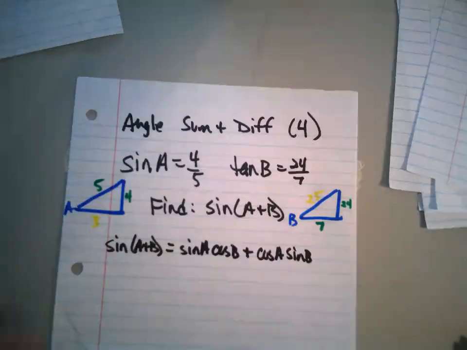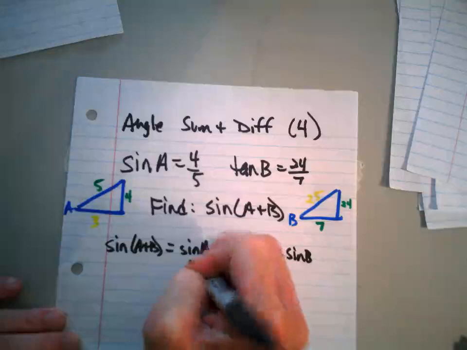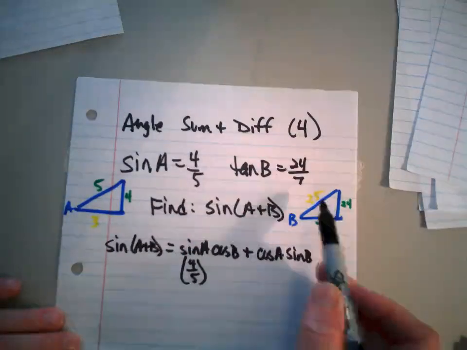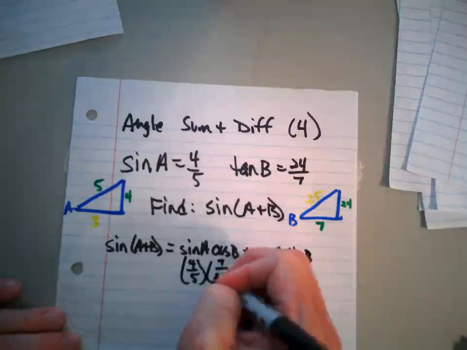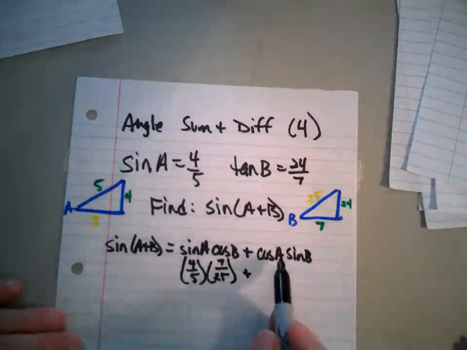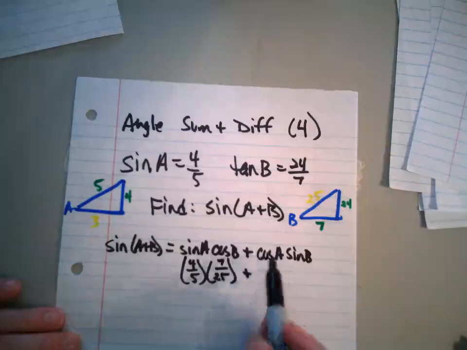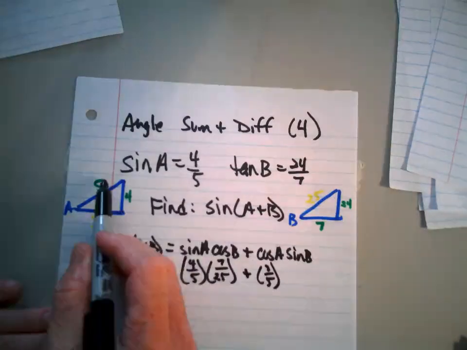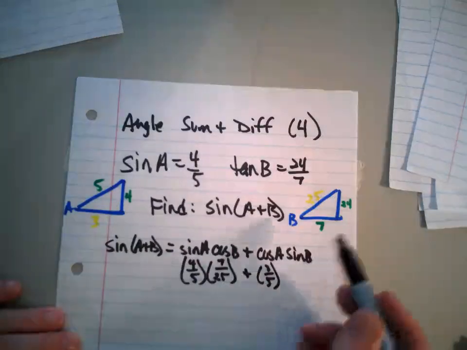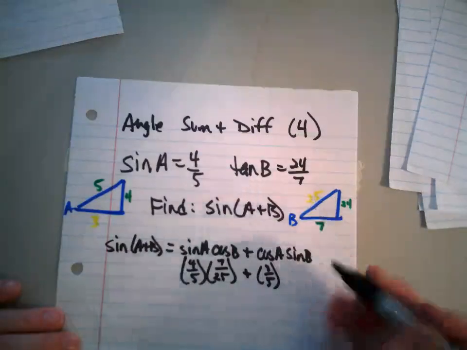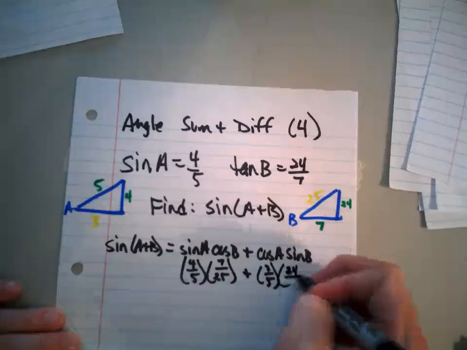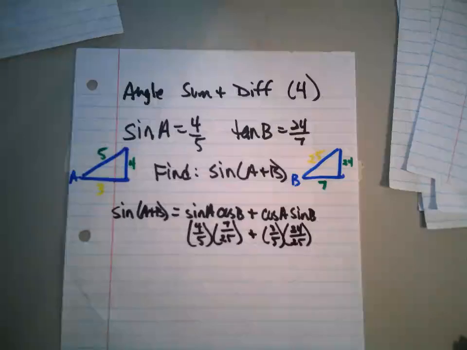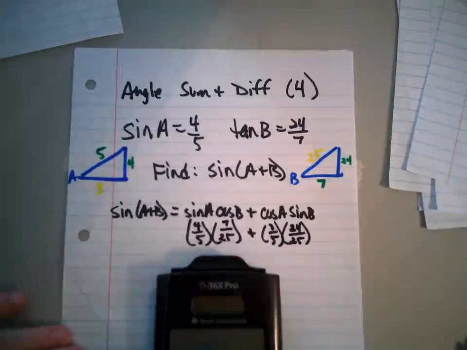All right, sine of A, they gave it to us. That's 4/5. Cosine of B over here is 7 over 25. Add that to the cosine of A, which will be 3 over 5, and the sine of B, which is 24 over 25. Okay, so we should be able to put that straight into the calculator.